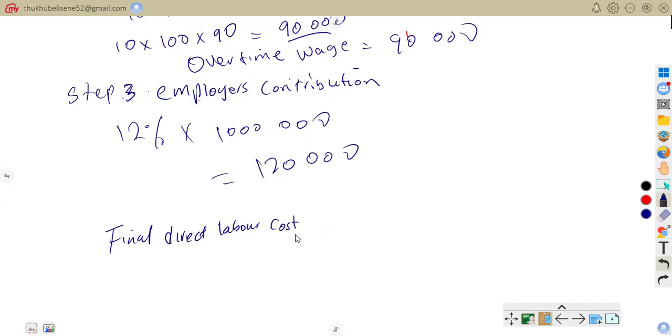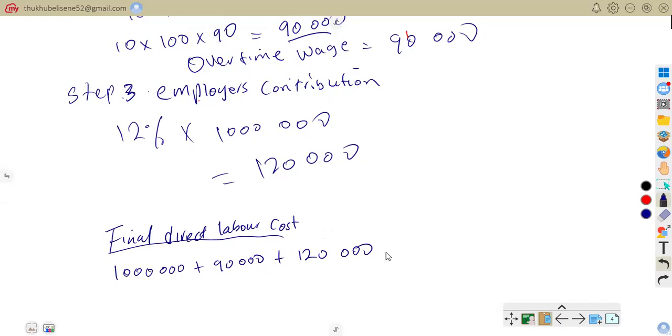We're going to add our normal wage of 1 million plus overtime of 90,000, as you've calculated, plus contribution of 120,000.